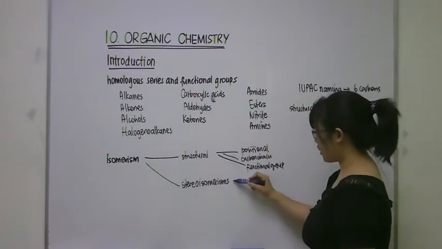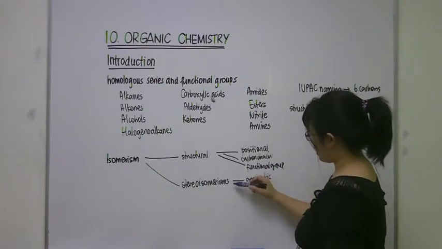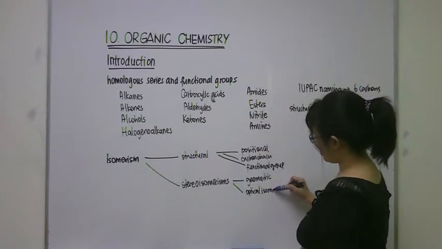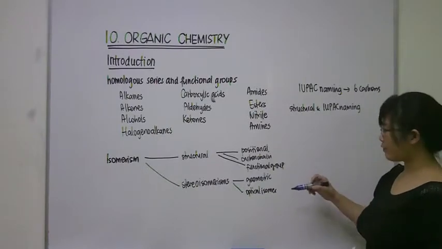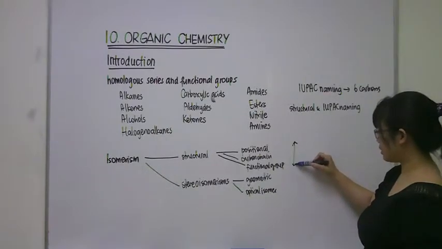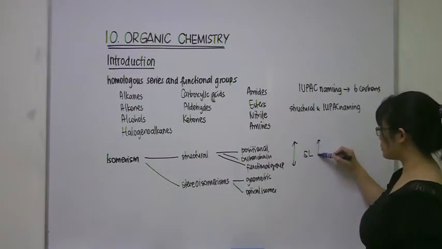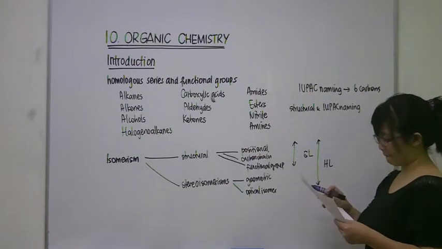While for stereoisomers, there are 2: geometric and optical. So the standard level students need only to learn about the structural isomerisms, while the higher level students need to learn about stereoisomerisms also.